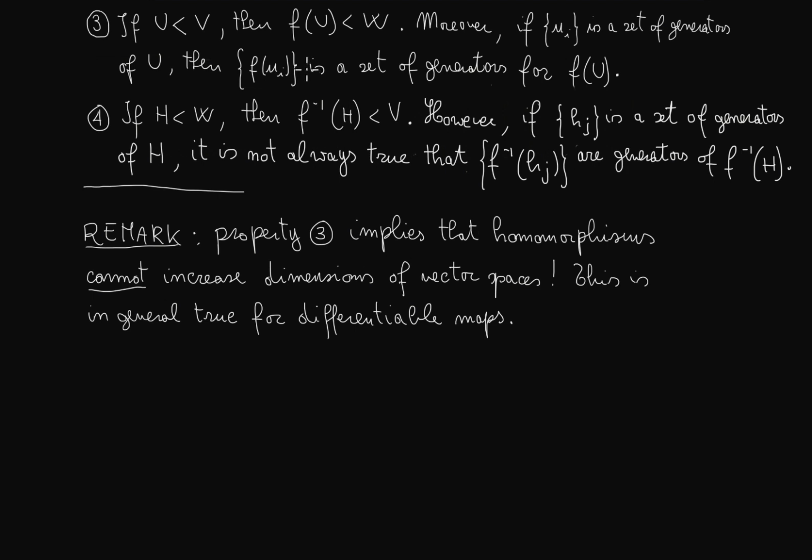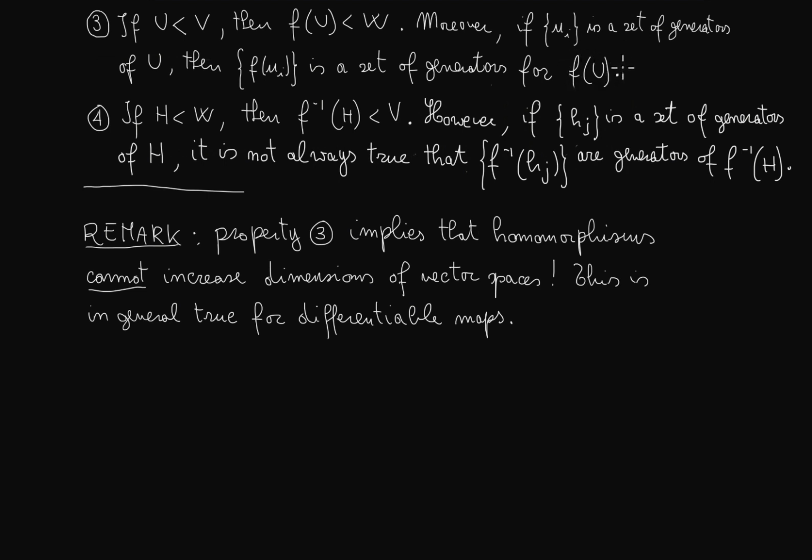So, in particular, suppose that there exists a surjective map from V to W, where W has a strictly higher dimension than V. Well, if it is surjective, that means that the image of V is all of W, all the codomain.